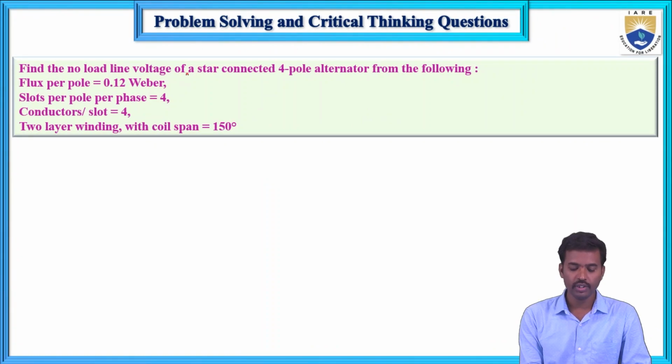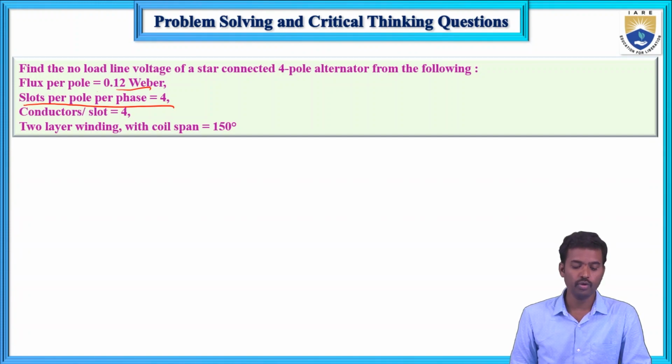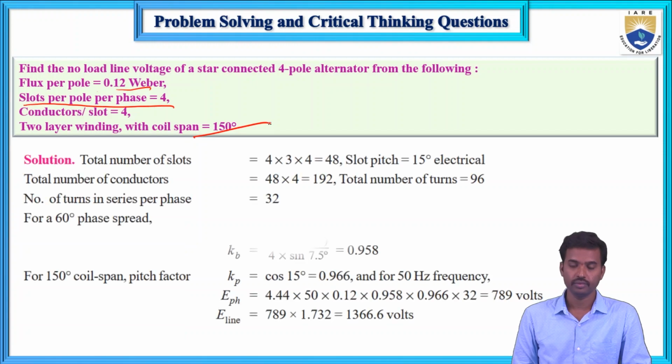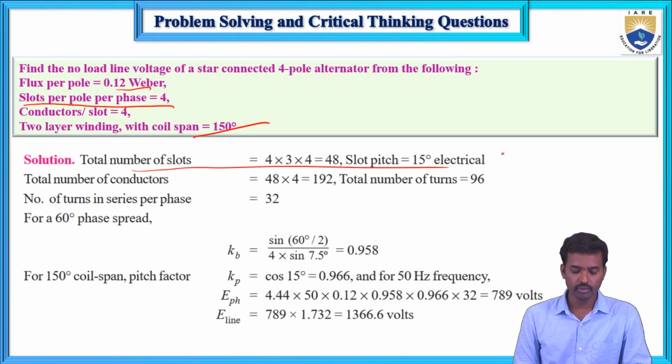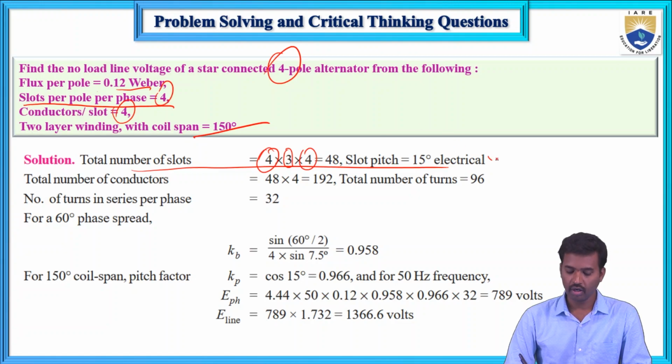Find the no load voltage of a star connected 4-pole alternator with the following: flux per pole 0.12, slots per pole per phase 4, conductors per slot 4, and a 2 layer winding with coil span 150 degrees. The total number of slots is 4 into 3 into 4, with 3 phases and 4 poles. The number of conductors is 4 into 4 into 3 phases, and the coil span is 15 degrees electrical.